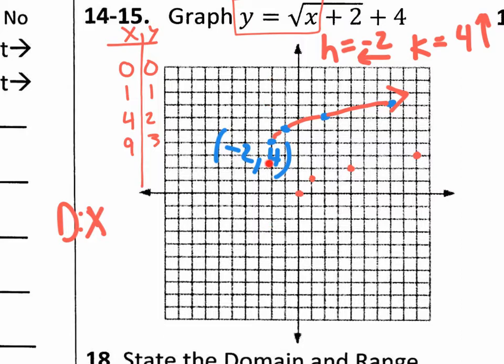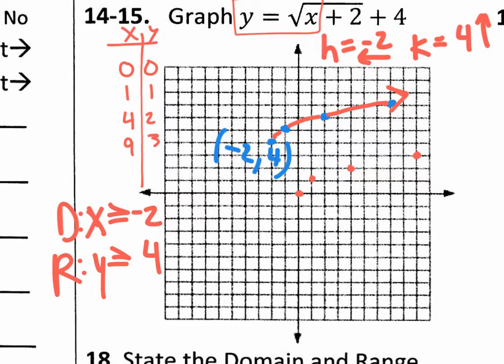So -2 is where the x begins, and it's going greater than -2 if you're just looking at it from left and right. So x is greater than or equal to -2. That's your domain. How about your range? The range would be what? Y is greater than or equal to 4.